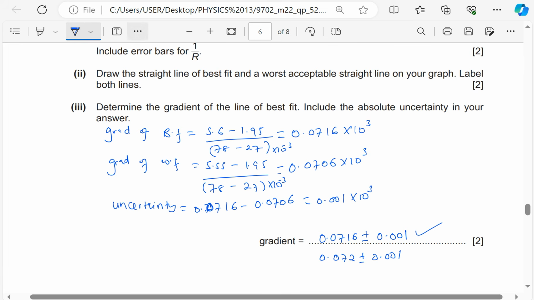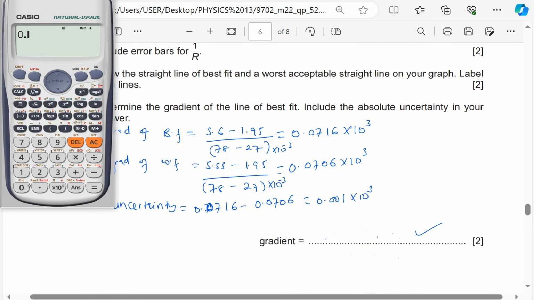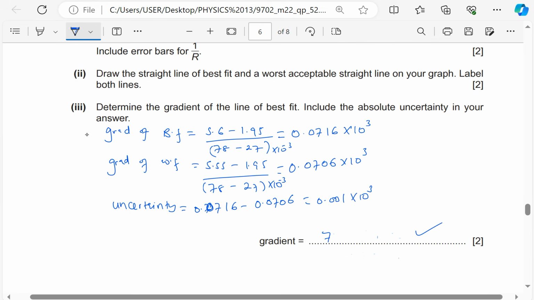So I must change this value: 0.0716 with exponent 3. So this is going to be 71.6 plus or minus 1. Yeah, it is plus or minus 1.